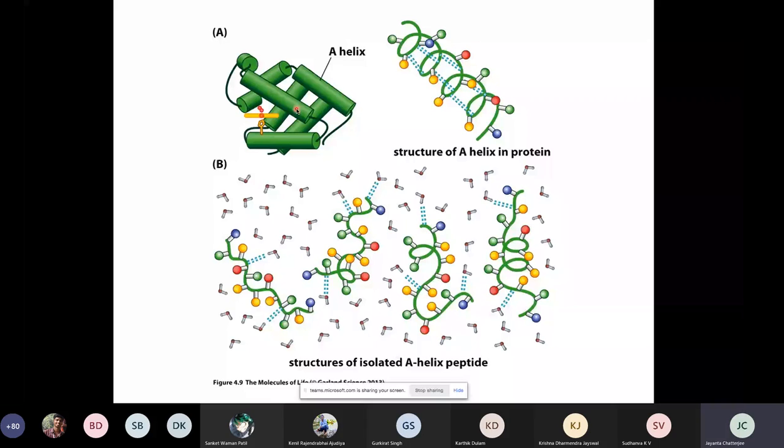And when the amino acids have to come closer, the hydrophobic amino acids adopt such kind of structures. Now, such structures are also guided by the steric interaction. Steric interactions are very, very important in the folding of a polypeptide.